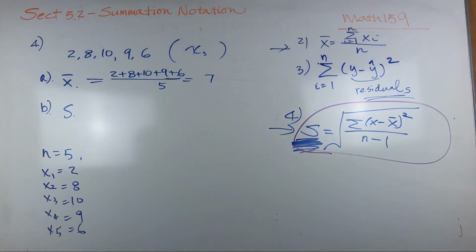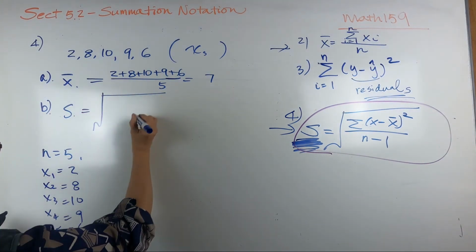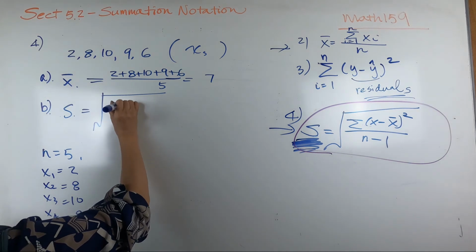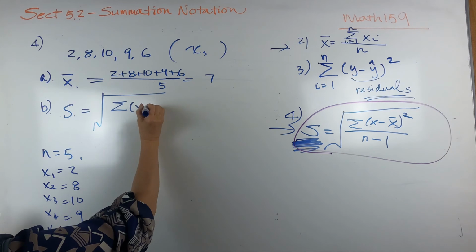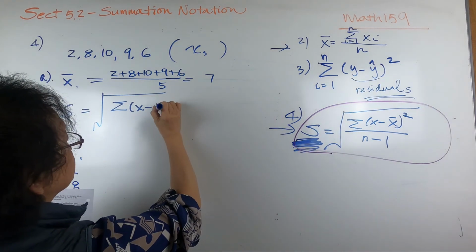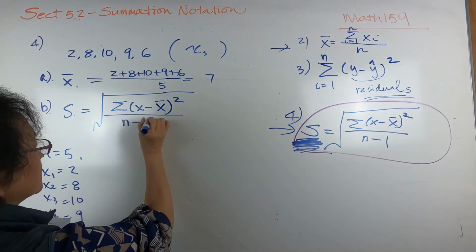Now we want to find the standard deviation. Right now we just learn how to plug in, but later on you have to remember the formula for standard deviation, okay? Standard deviation is sigma of x minus x bar, take the square, over n minus 1.